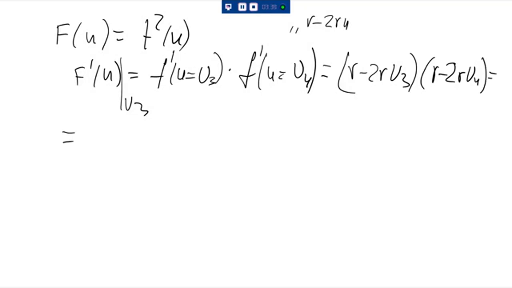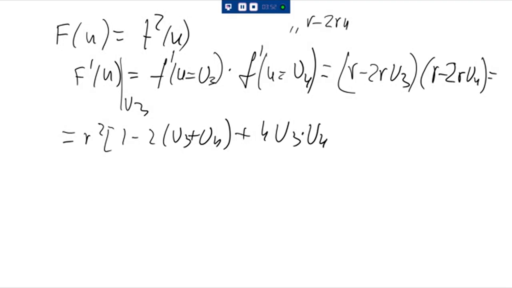After opening brackets, we will have r squared times 1 minus 2 times u3 plus u4 plus 4 times u3 times u4.